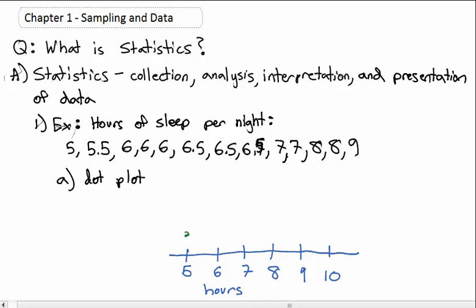So there's a single 5, we'll put a dot for 5. There's a 5.5. Notice there's 3 6s, so we'll put 3 dots for 6. There's 3 6.5s, so we'll put 3 dots for 6.5. There's 2 7s, 2 8s, and a single 9.